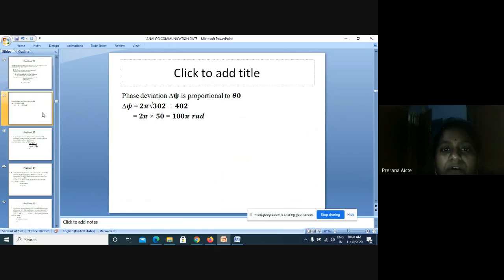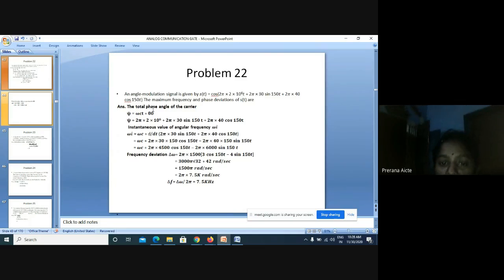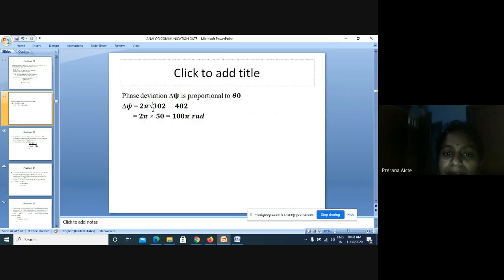Next, similarly, we can find our maximum phase deviation. The maximum phase deviation del phi will be equal to 2 pi into square root of 30 squared plus 40 squared, which will be equal to 100 pi radians.